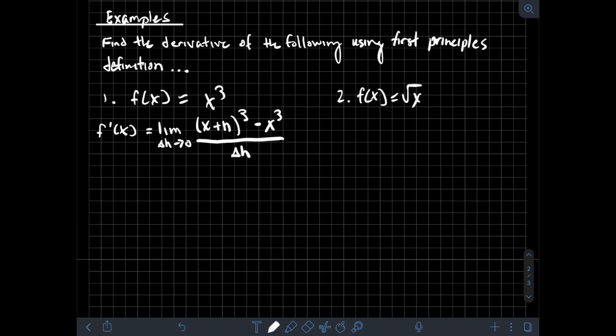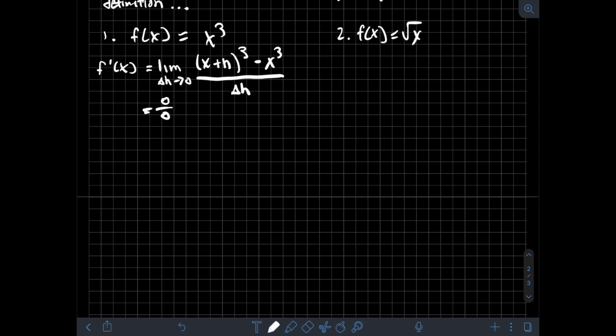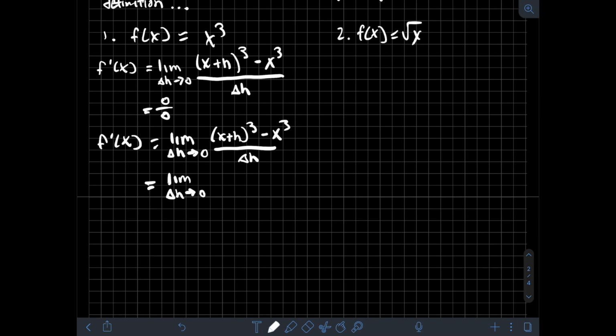Now we know if we try to plug in 0 right away, we're going to get a 0 over 0 situation, so that's not good. So what we're going to do is we're going to try expanding this. So we have the limit as h approaches 0 of x plus h cubed minus x cubed over h, which is equal to the limit as h approaches 0, and we're going to expand this.